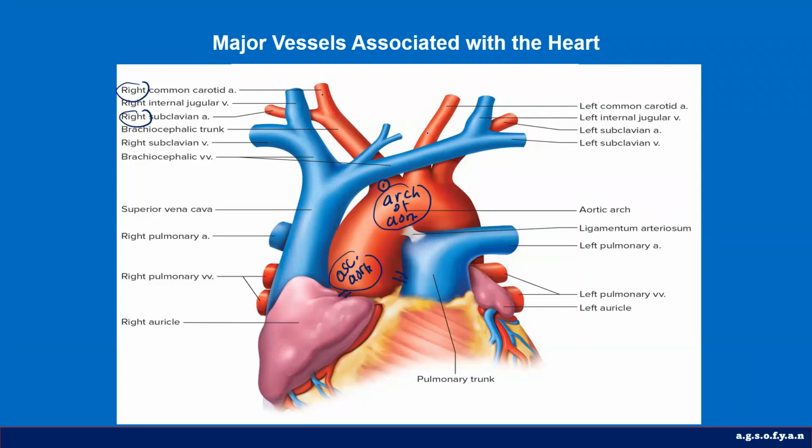The second branch is the left common carotid artery and then the left subclavian artery. So this is the top part of the aorta, the ascending and arch of the aorta, and then it will continue as the descending aorta going down.